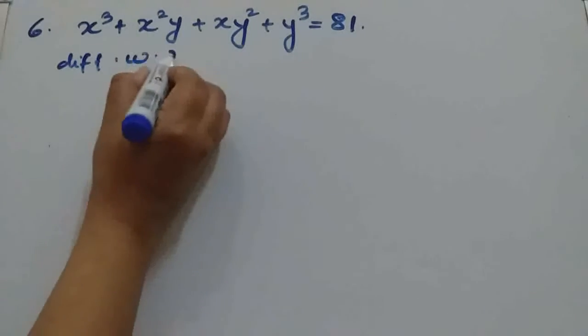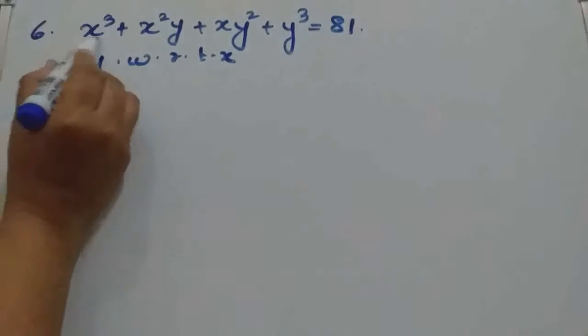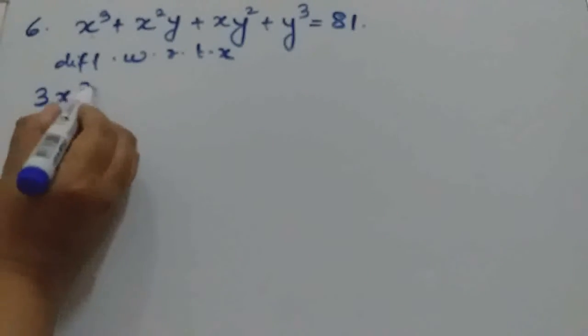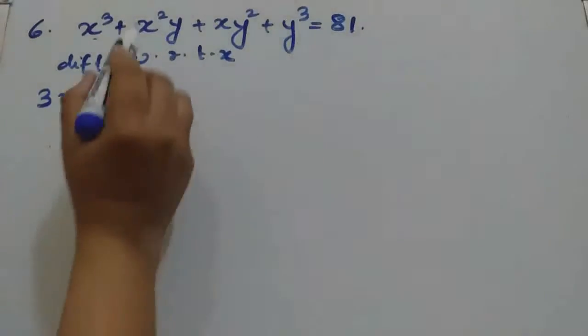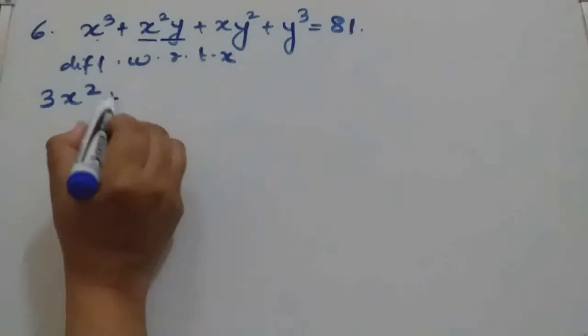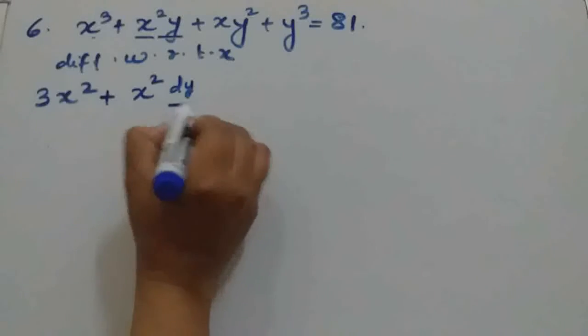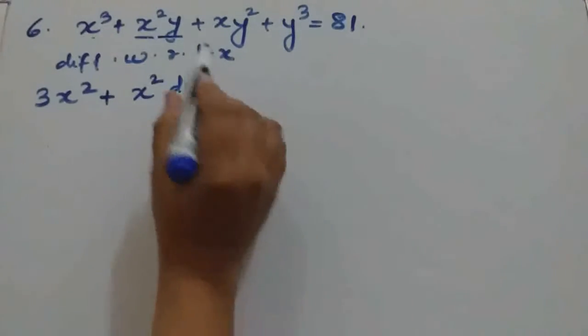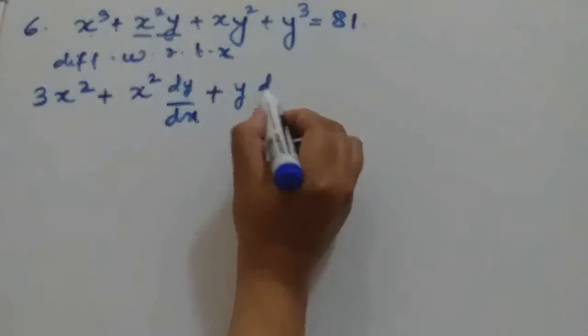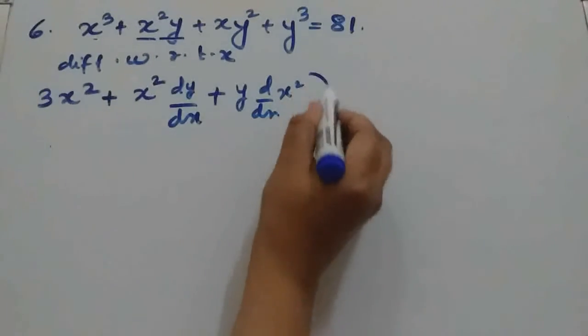Differentiate with respect to x. First one, 3x square according to the power rule. Here this is a product of two functions, so we will write x square, first function as it is, derivative of the second function, plus the second function as it is, derivative of the first function.